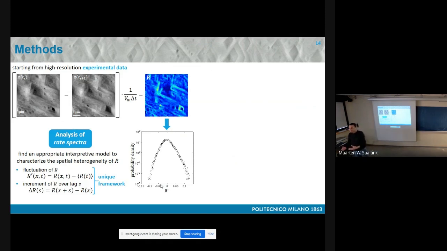We prefer to do a statistical analysis by analyzing jointly reaction rates and their spatial increments. Why their spatial increments? Simply because at the very beginning, I started by trying to apply geostatistical approaches to the analysis of this kind of heterogeneities. We always work with spatial increments.